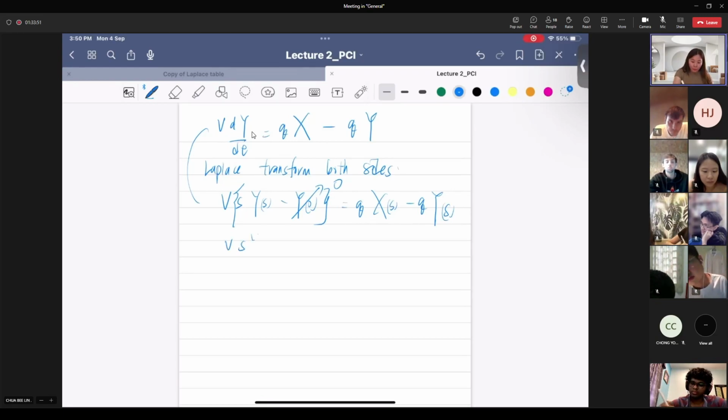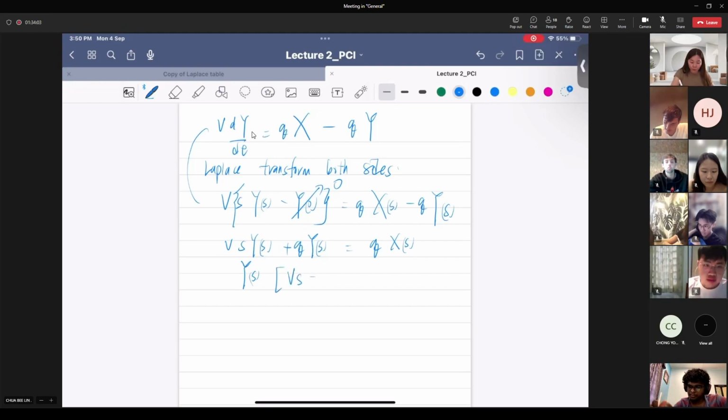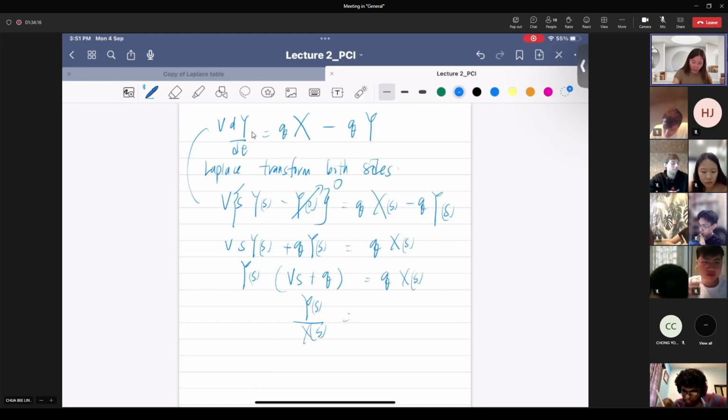So you rearrange to have your output at the left-hand side and your input at the right-hand side. Factorize your output. And then QX, rearrange the output over the input. You'll be having Q over (Vs plus Q).